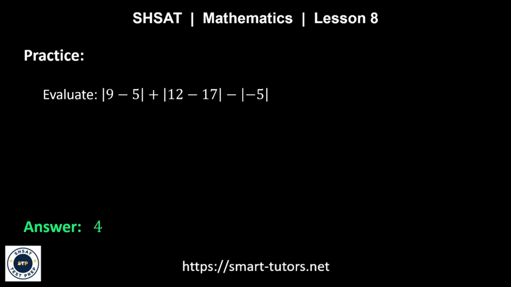Evaluate this problem. Take a moment, pause this question, and see if you can get that. If you do that, you would firstly do the insides of the absolute values, so treat it like a parenthesis. So 9 minus 5 is 4, plus 12 minus 17 is negative 5.